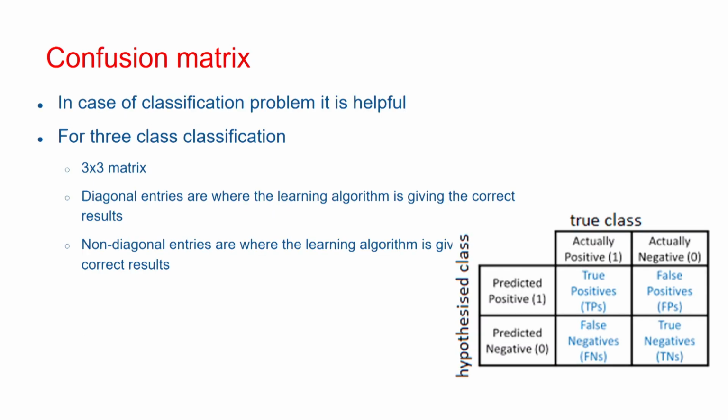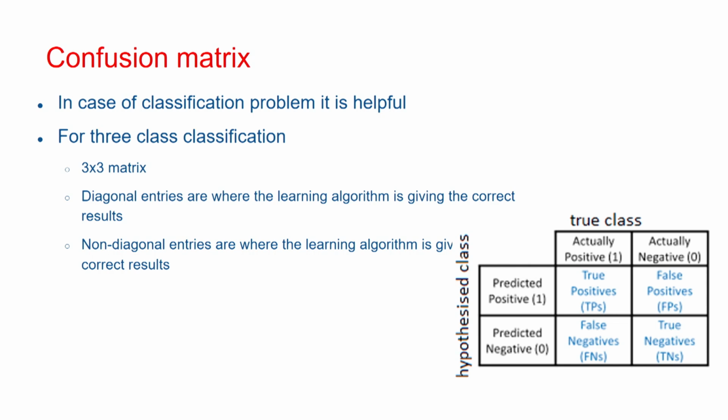Confusion matrix is very famous in machine learning, and this can be used as an evaluation technique, particularly in case of classification. If this is a binary classification problem, then we will have a 2 cross 2 matrix.